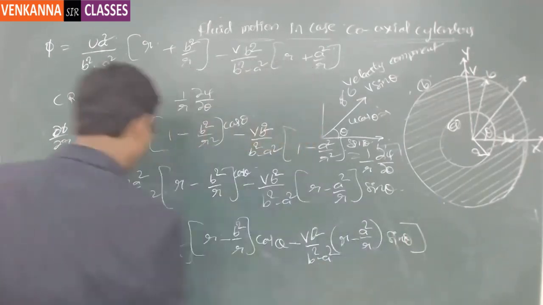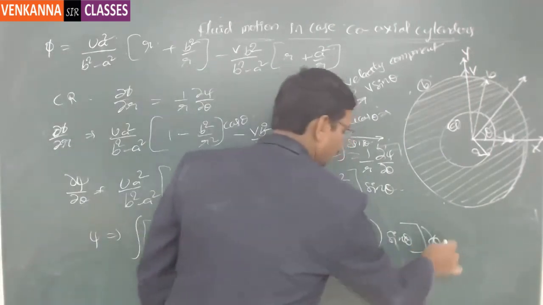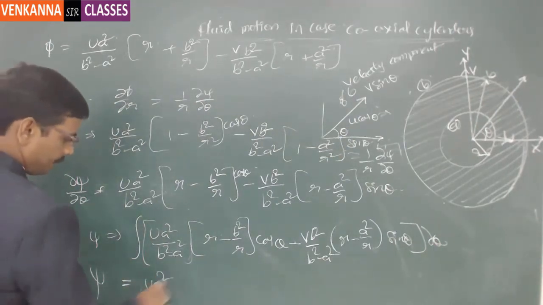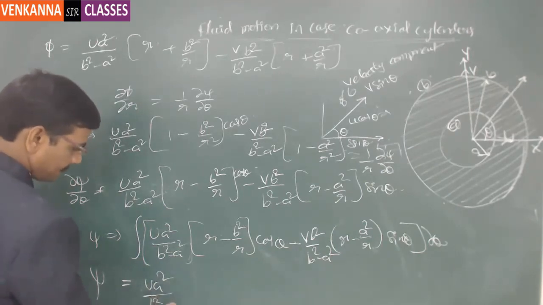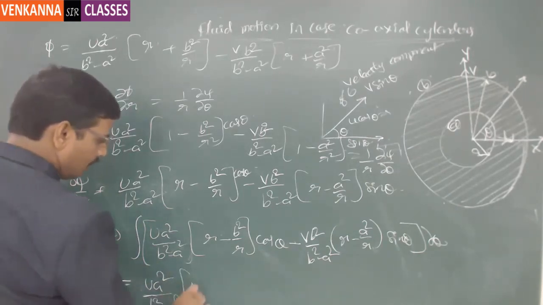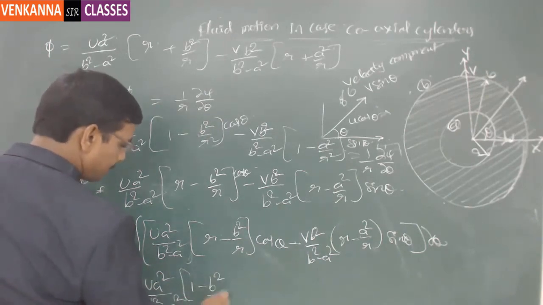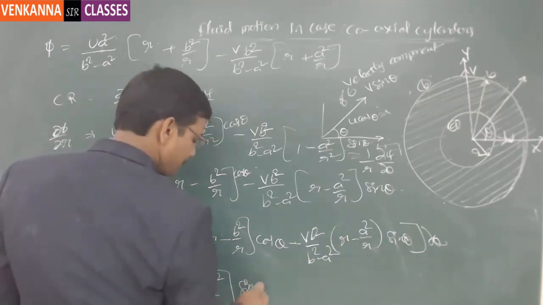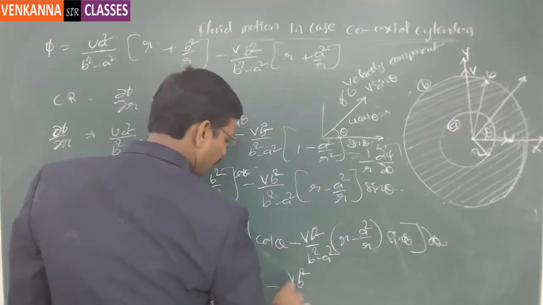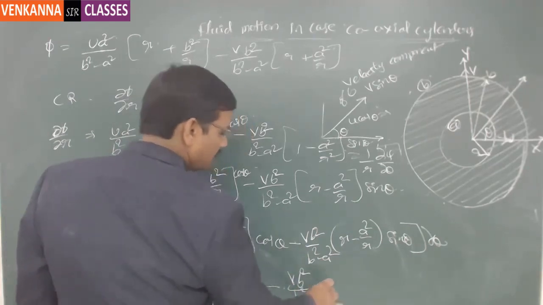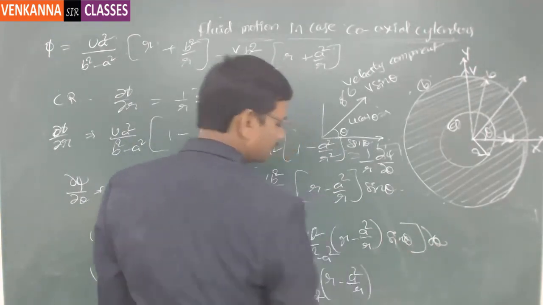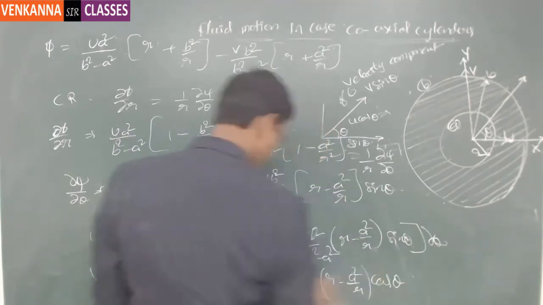Now for this, you need to integrate with respect to theta. So the final solution is psi equal to u a square by b square minus a square into r minus b square by r, derivative of, so the integral of cos theta is sin theta, minus v b square by b square minus a square into r minus a square by r into, so the integral of sin theta is minus cos theta, so this will become plus.